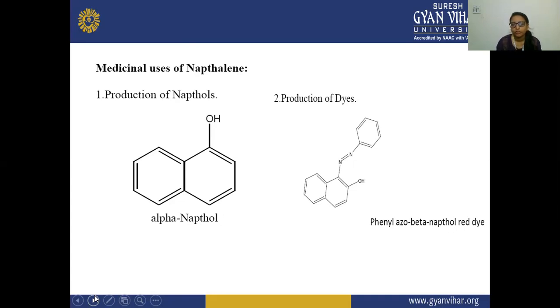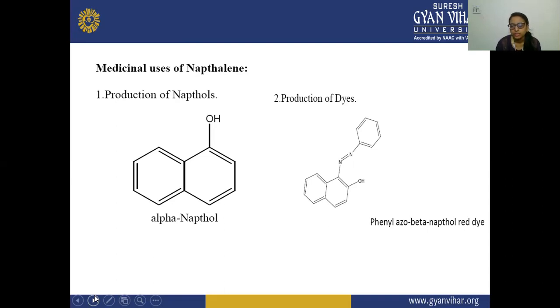Second is the production of dyes. Here naphthalene is used in the production of dyes. The example given here is phenyl azo beta naphthol red dye.